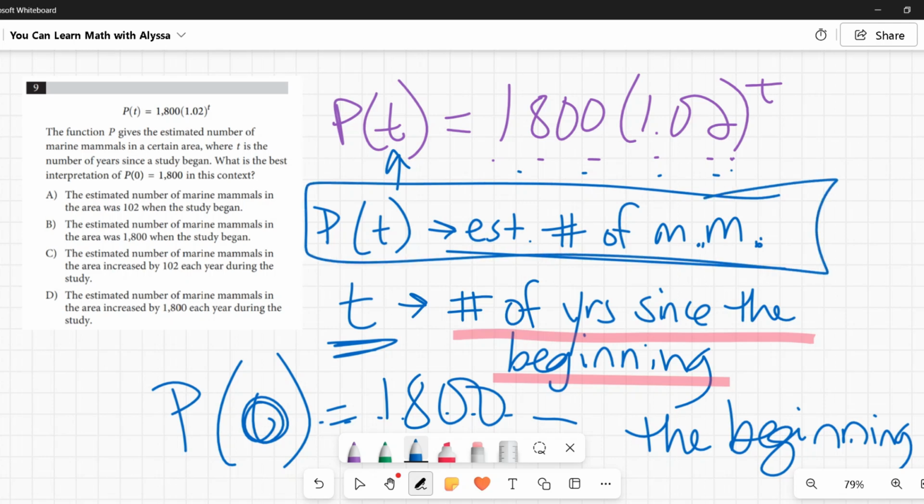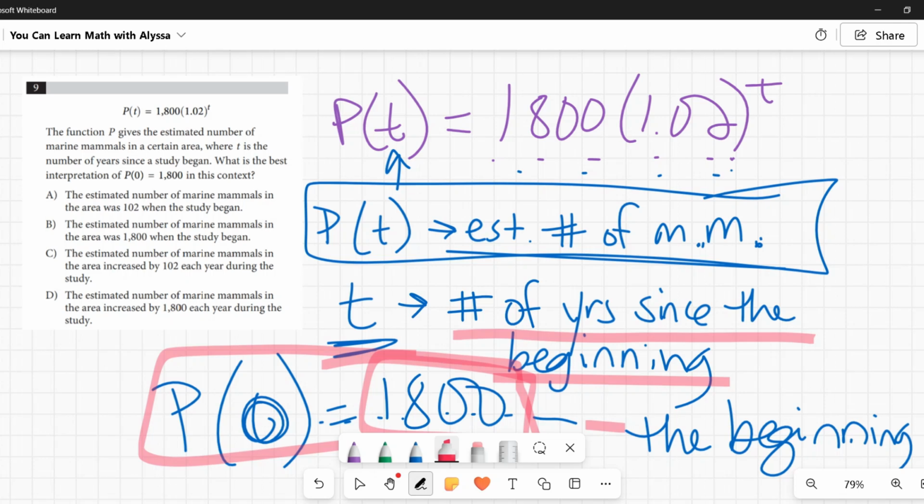It said that number is the estimated number of marine mammals. Okay, so at the beginning, the estimated number of marine mammals was 1800. So that's my hypothesis. I think that this statement that P of 0 equals 1800 means that at the very beginning, before they even started doing anything, there were 1800 marine mammals.